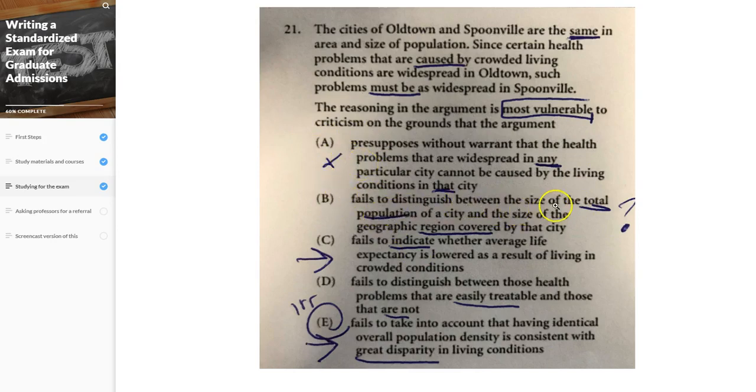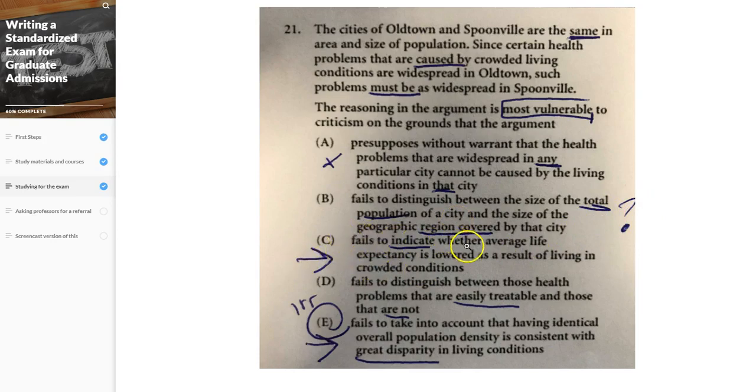B. Fails to distinguish between the size of the total population of a city and the size of the geographic region covered by that city. I don't know. This seems really weird because you have the same size and the same population. So did they fail to distinguish between them? I don't think this is the right one so far.